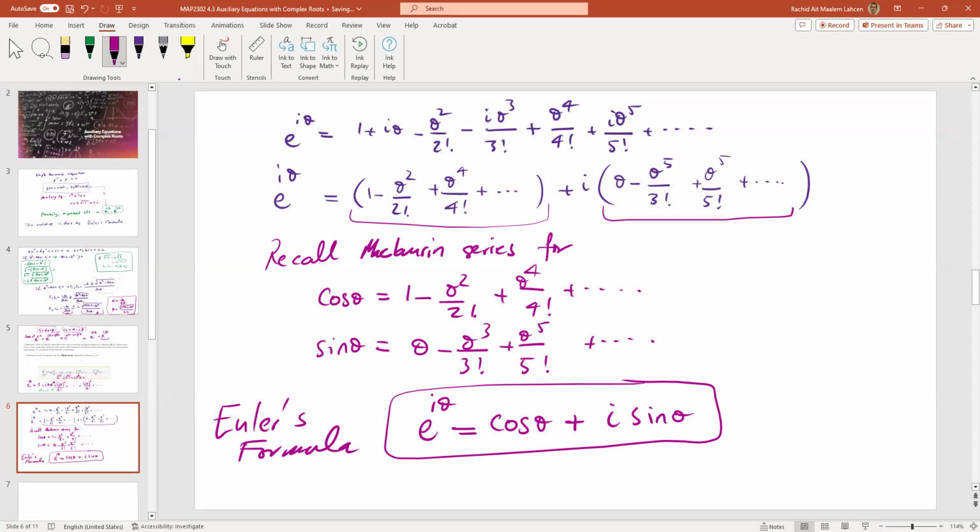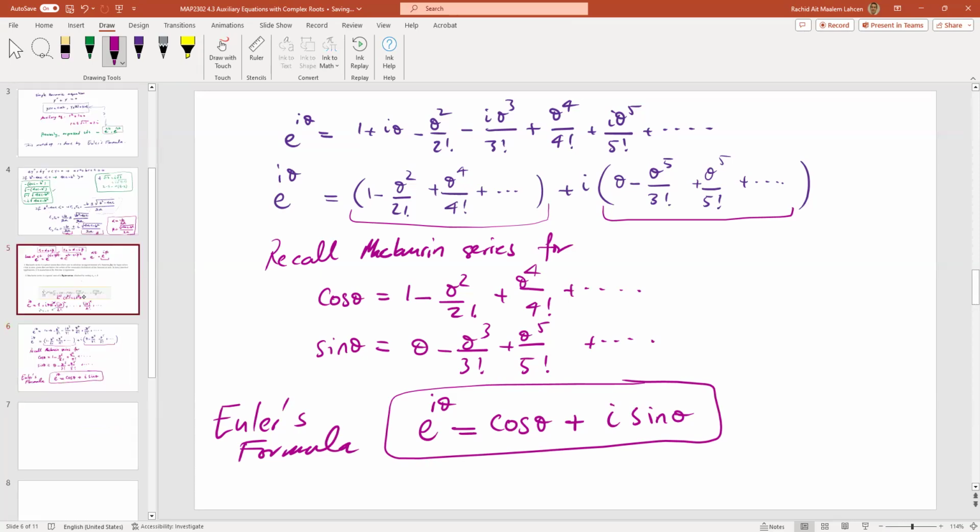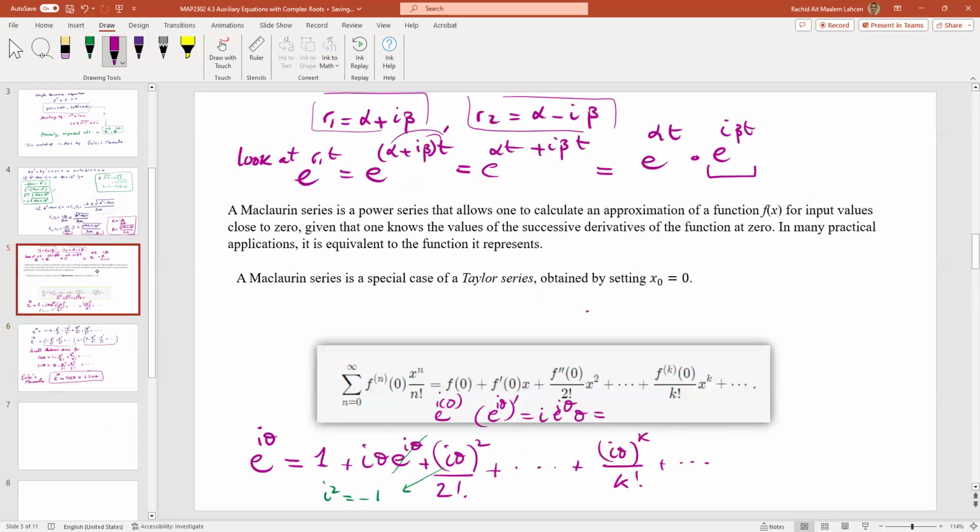And what can we do with this Euler formula? We'll go back to, remember, if you run into this type of solution that has this part, we can rewrite it as this. So now we can use Euler formula to rewrite i beta t.